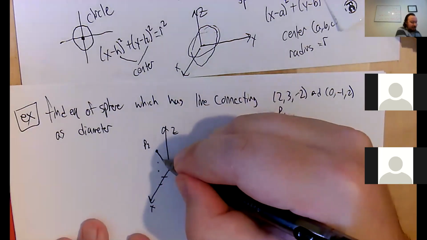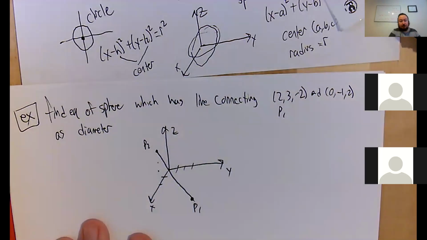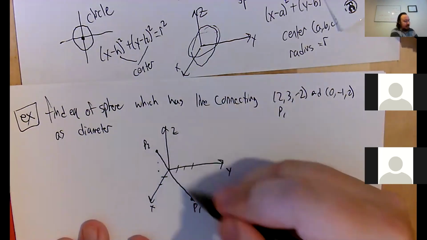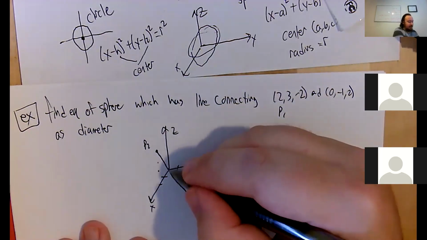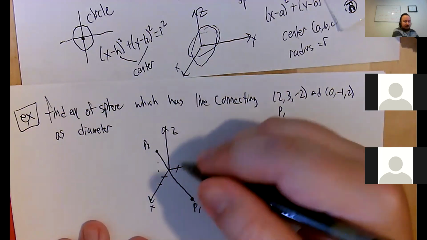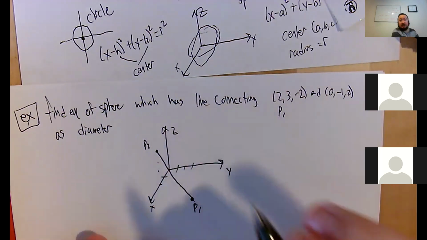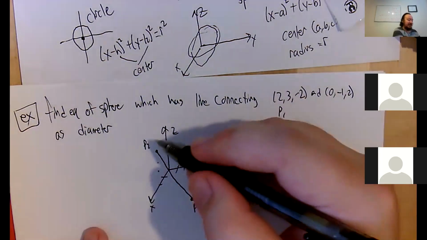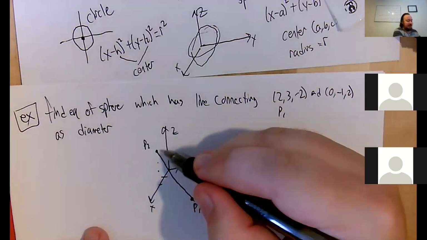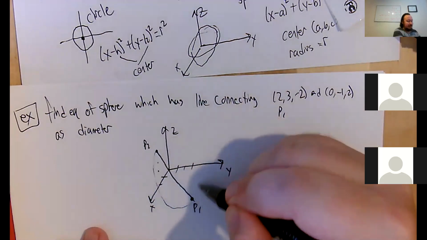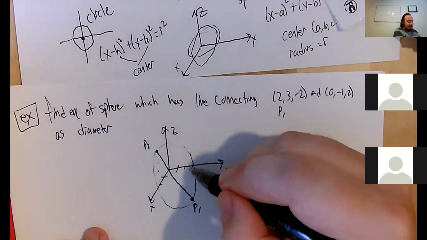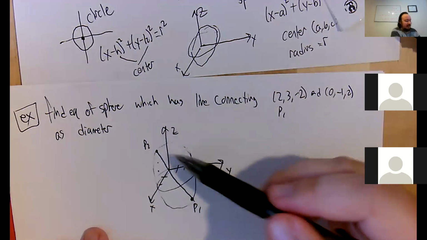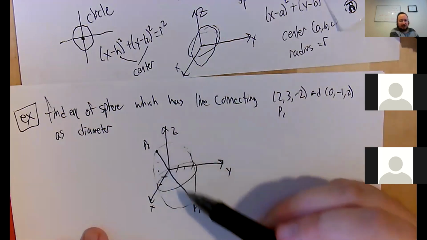What we're saying is that we have a straight line moving through three-dimensional space connecting these, and this is the diameter of the circle. Or sorry, the diameter of the sphere. I'm going to keep saying two-dimensional shapes by mistake, so forgive me. So we have a sphere that's connecting these points, and this is the diameter right here.